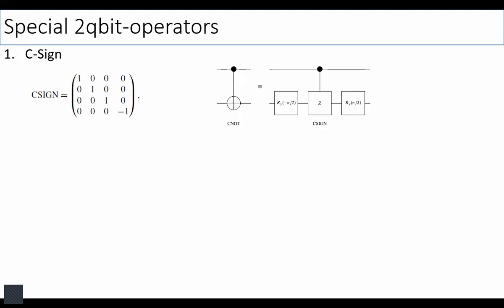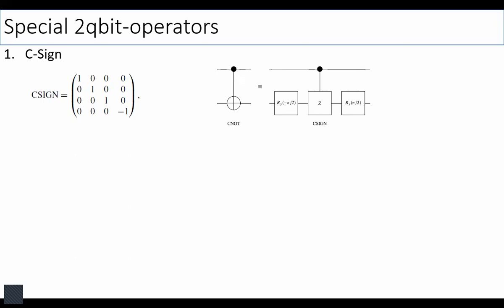And why is this Control Z important? Because you see, I have a diagonal here, and everywhere is 1, except one place in which it is minus 1. I kind of mark this element.